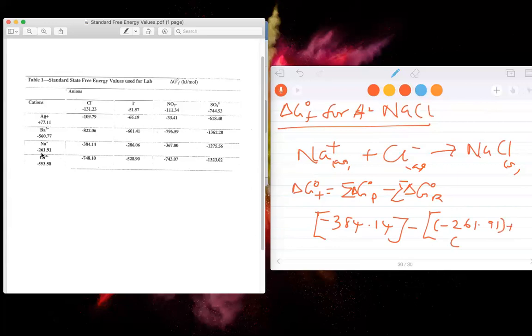Plus, for chloride, it is negative 131.23. Everything in there. So I'm just going to add the two and see how it goes.